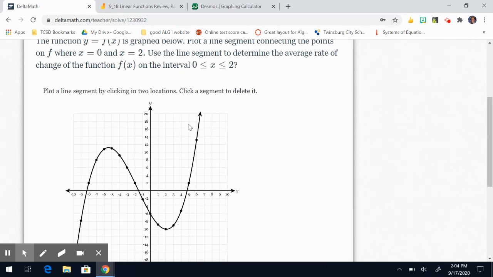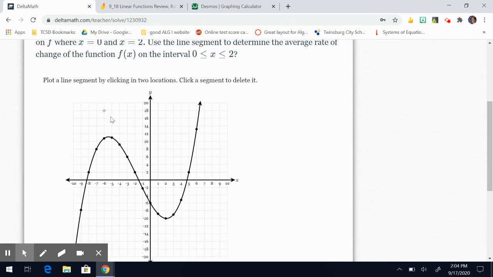So what we're going to do is look at this curvy function because it passes the vertical line test. And we're going to look where x is 0. All right, so here's 0, but the function's below. So I'm going to take that point and plot it. And then I'm going to look for x is 2. Here's 2, but the function's way down here.